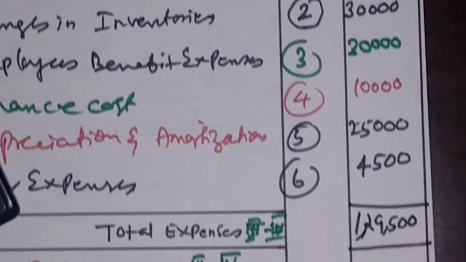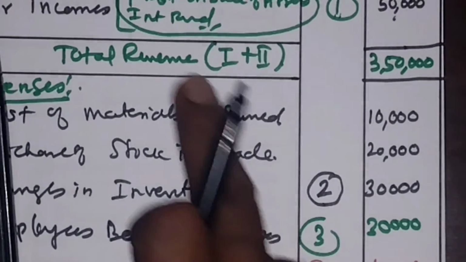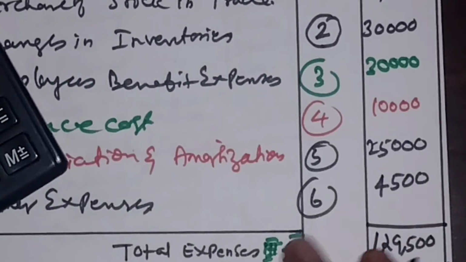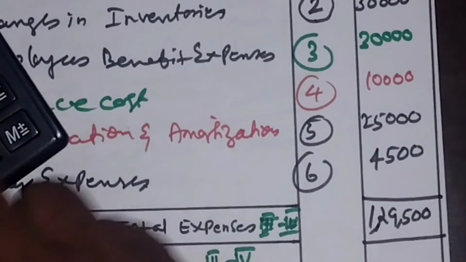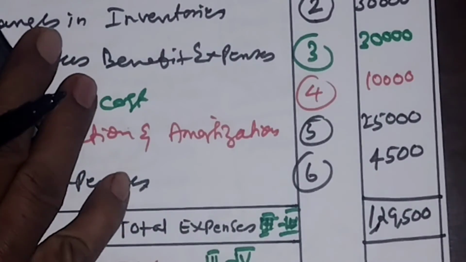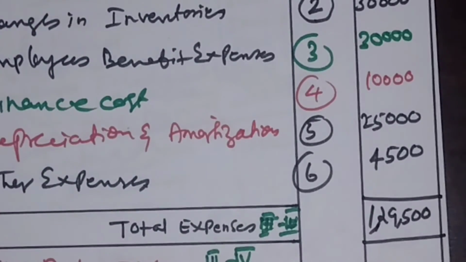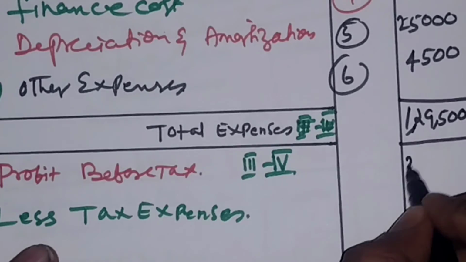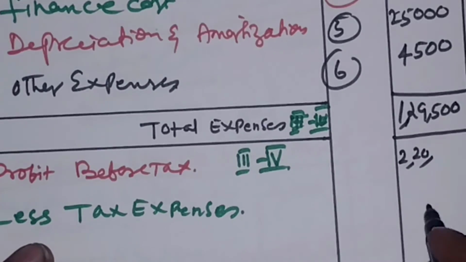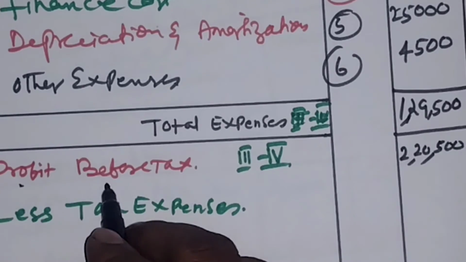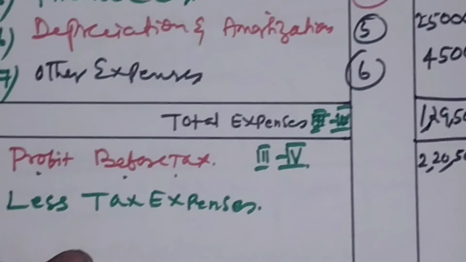This 1,29,500 you should deduct from the total revenue of 3,50,000. Therefore, 3,50,000 minus 1,29,500 equals 2,20,500. The amount I get is called profit before tax.